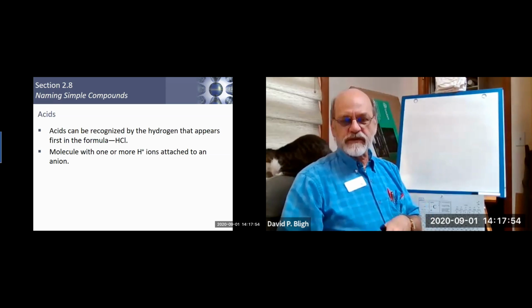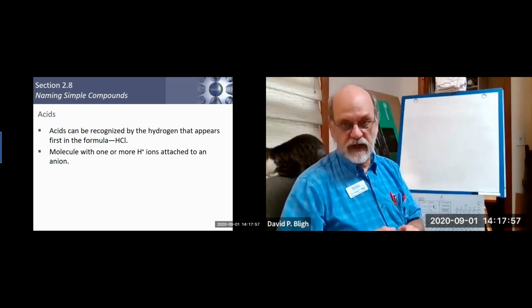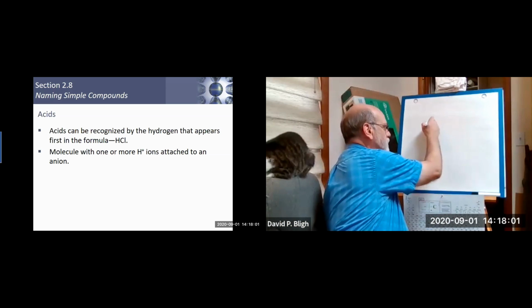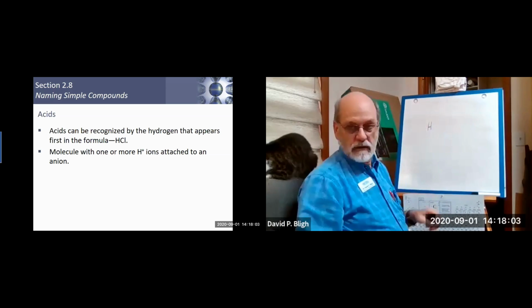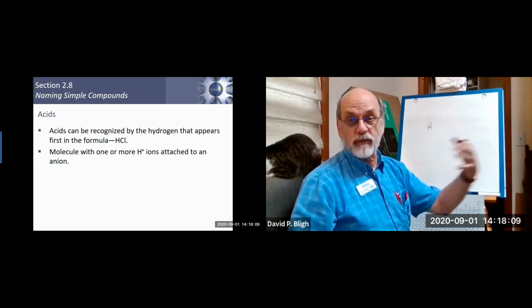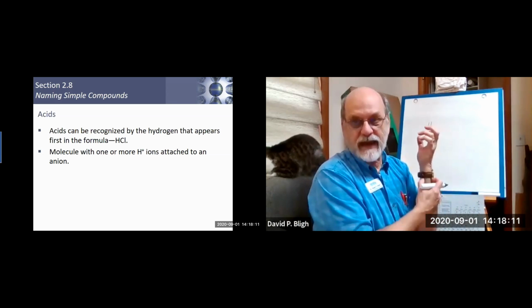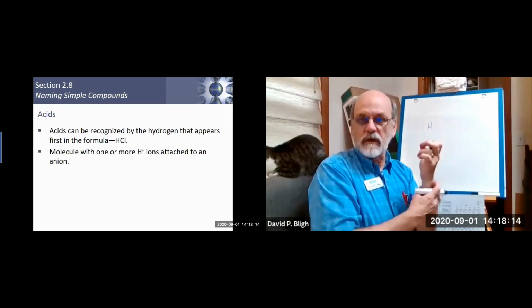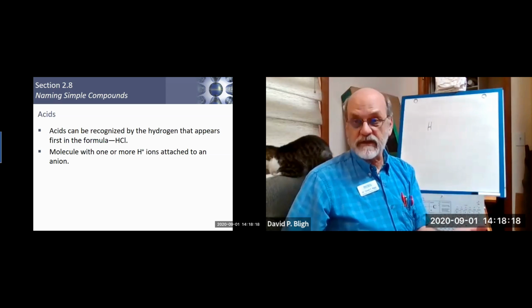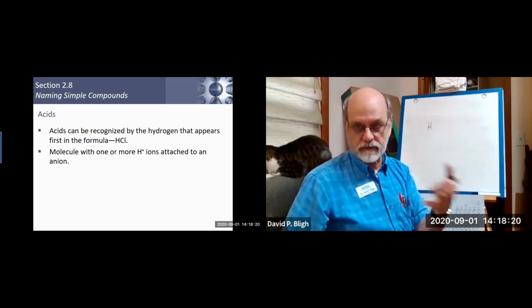So what are the characteristics of an acid? When you see a formula for an acid, it's always going to start with a hydrogen, or one or more hydrogens. And then it will be followed by some anion, either an anion of an element or a polyatomic anion, one or the other.